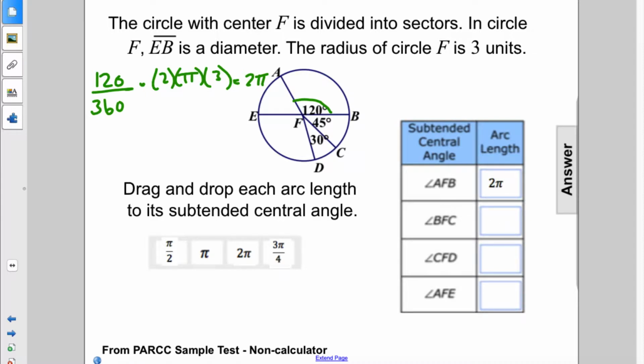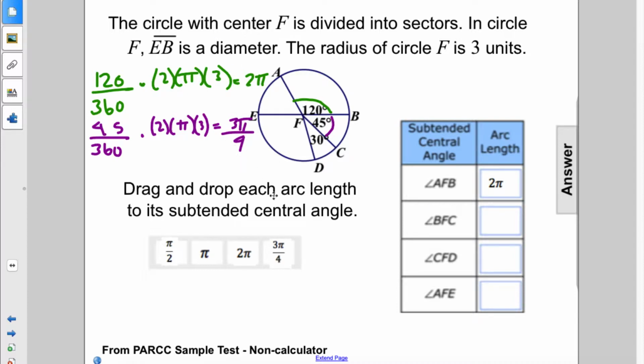All right, next we have angle BFC. BFC is this 45-degree angle there. So 45 over 360 times 2 times pi times 3, which is 3 pi over 4.